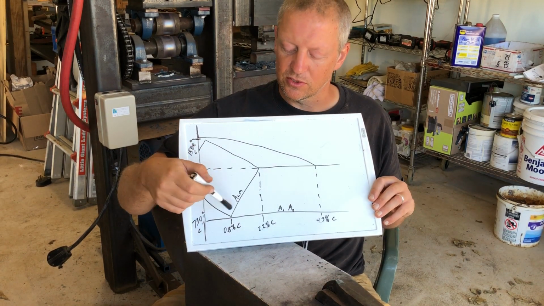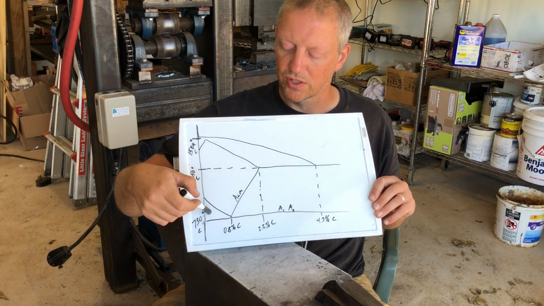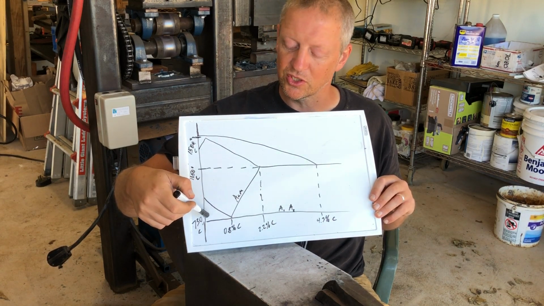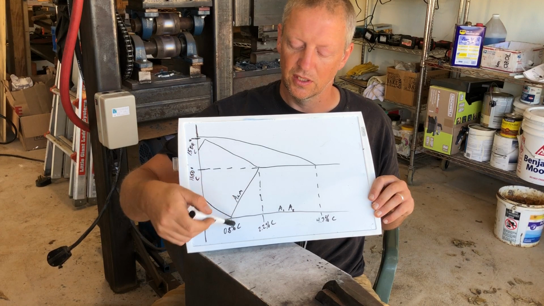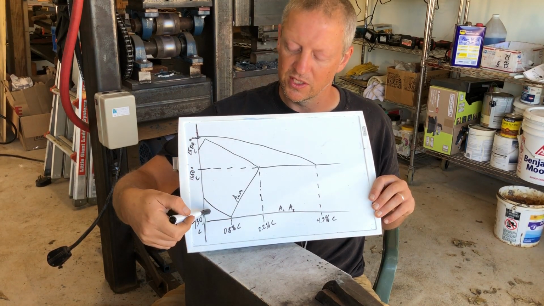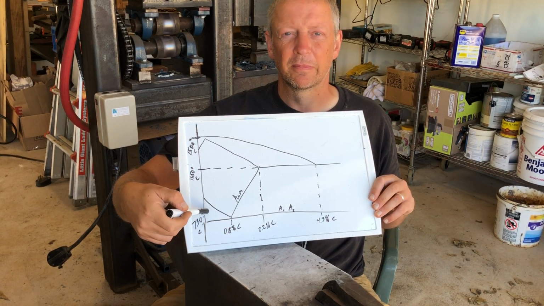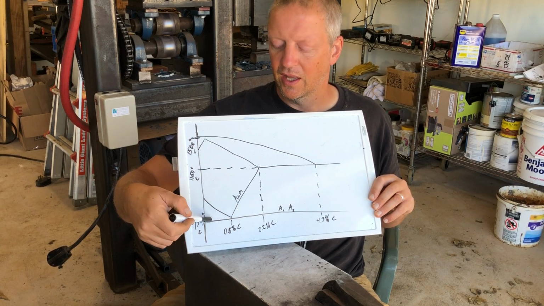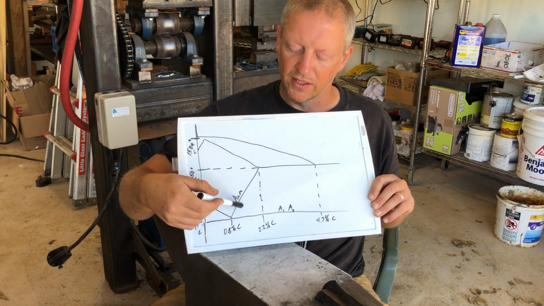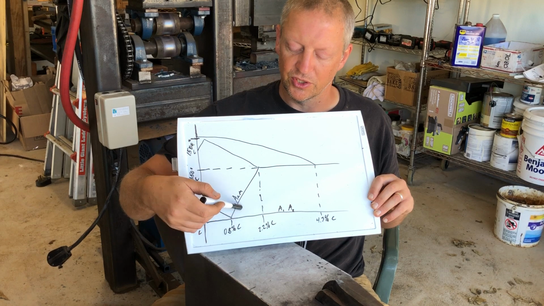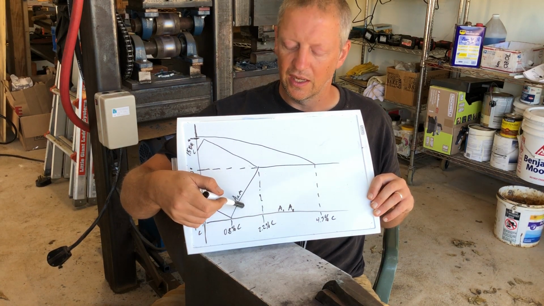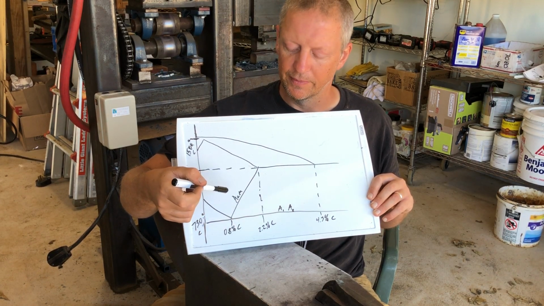So that means that we've got these two zones in which, because we've now crossed A1, we're heating up, on this side we've got a mixture of austenite and ferrite, pure iron. And to this side we have a mixture of austenite and cementite, iron carbide.